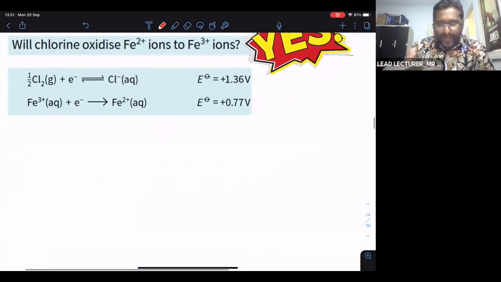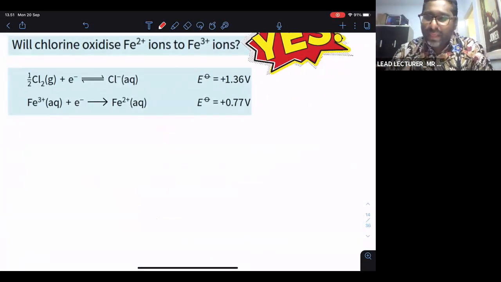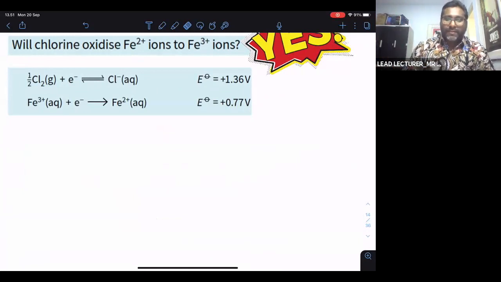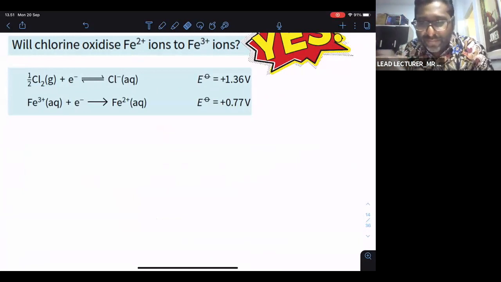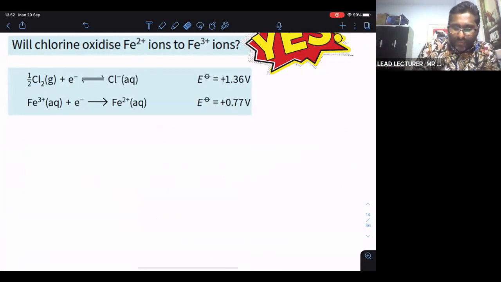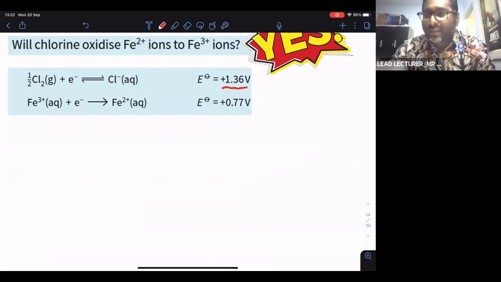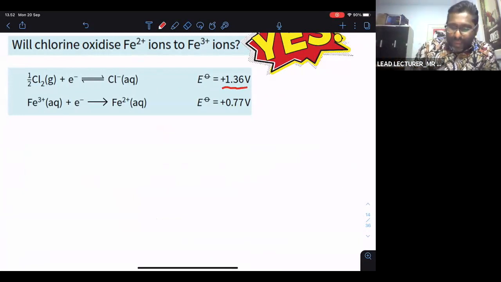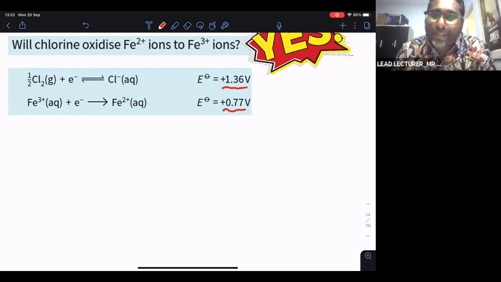Just now we had so many equations, but now I have only two. What is important is you rearrange first. You don't identify which one is positive and negative earlier. You rearrange the E value: the E value that is more positive, you arrange at the top. The E value less positive, you arrange at the bottom.